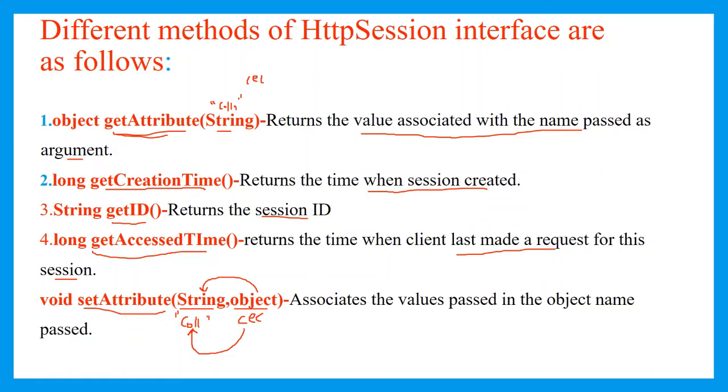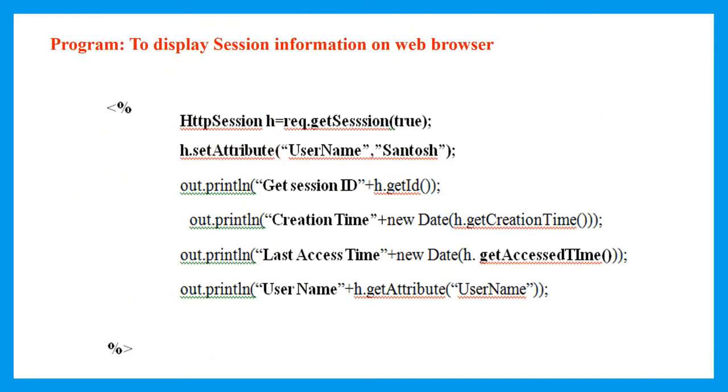This is a simple program for session, to display the session information on the browser. Within the scriptlet tag we are going to perform operations on session information. In order to get the session information, we will make use of a method called getSession. The getSession method is going to create the session, or get the session information from the browser, and it belongs to the interface called request.